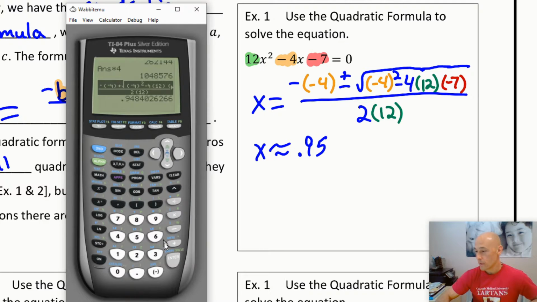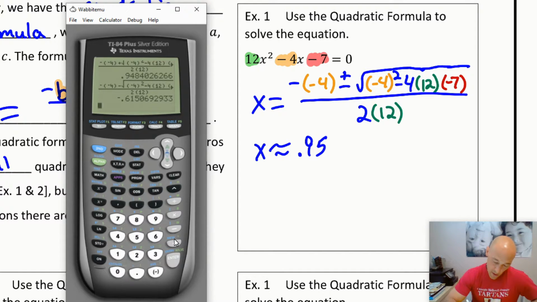So I go up, copy it, and change that addition to subtraction, overwrite it, and now we get x is approximately equal to negative 0.62. And those are our answers.